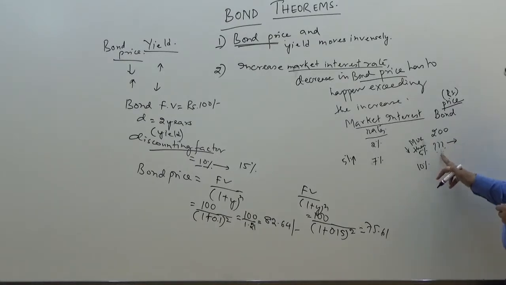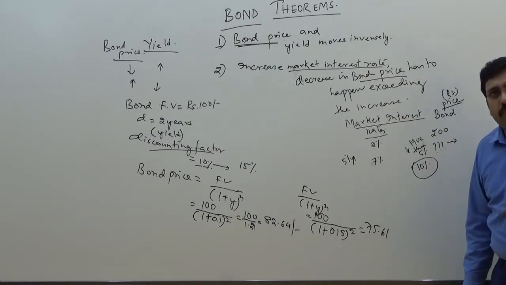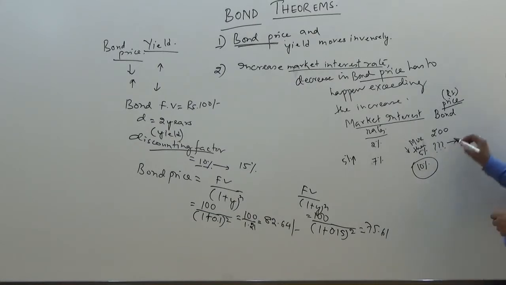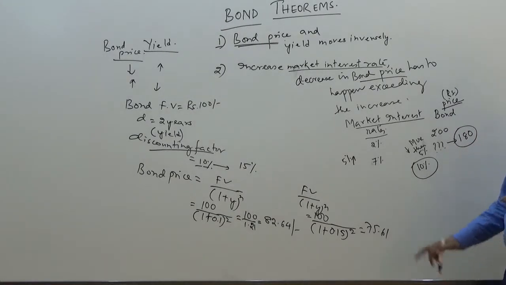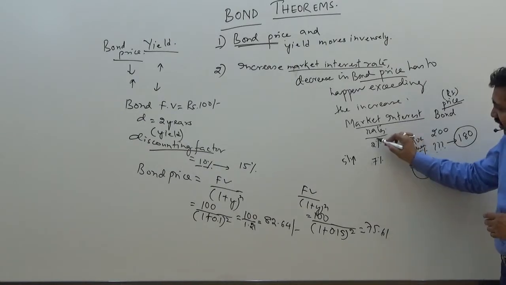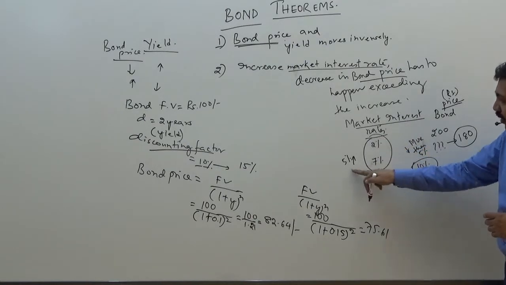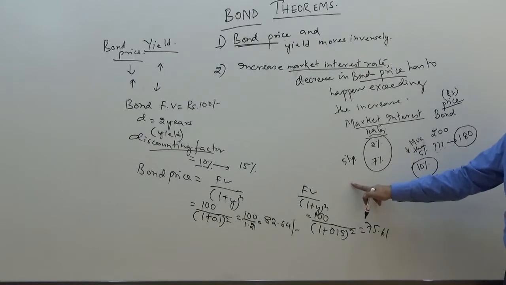The question mark that we had written regarding the price of the bond, with the decrease at 10%, so the bond price will come down to 180 rupees, where one thing is clear, the increase in the market rates was at 5%.